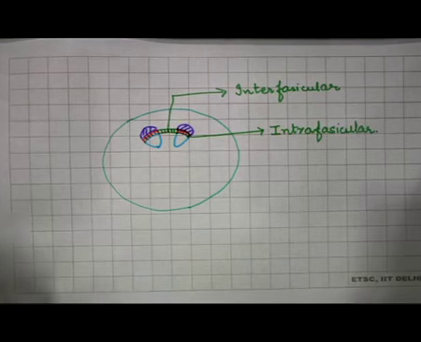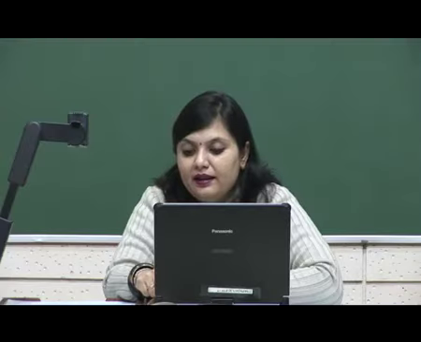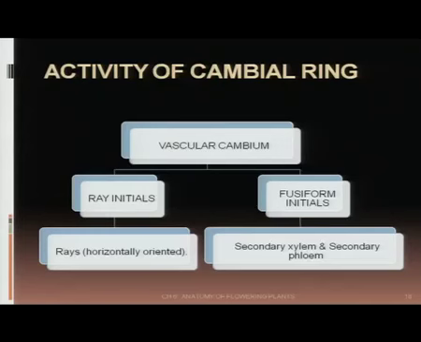What happens next? Well, this cambial ring that has been formed will start dividing. The vascular cambium that is present now in the plant has two types of initials, the ray initials and the fusiform initials. The ray initials are the ones, the derivatives of which will produce the rays, and these rays are horizontally oriented.